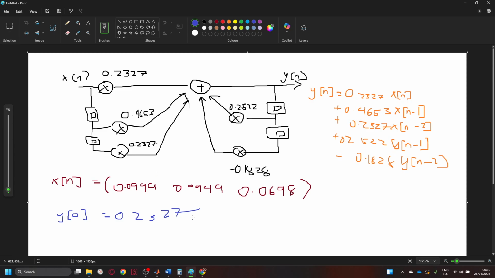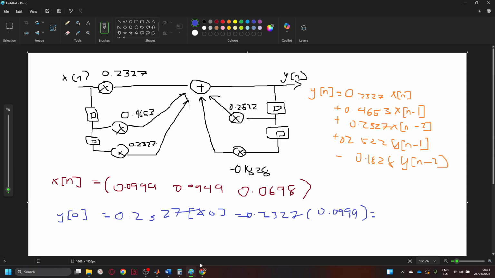So x of n, we're just going to multiply that by x of 0, which will be 0.2327 multiplied by 0.0999.